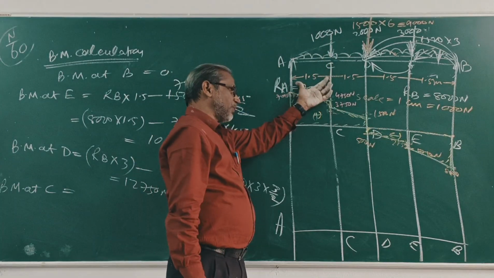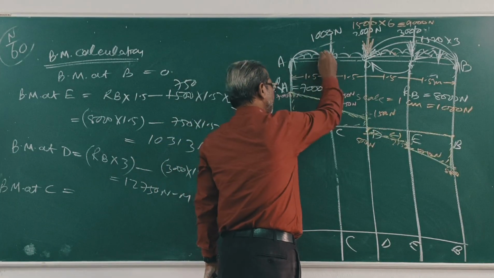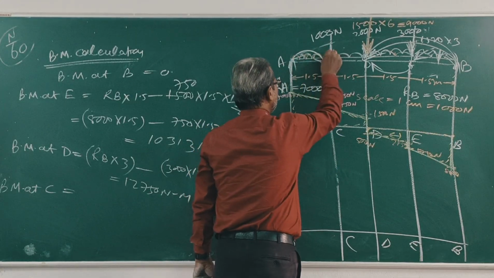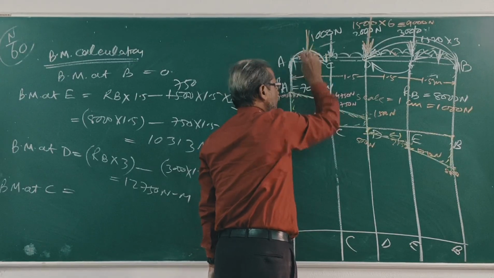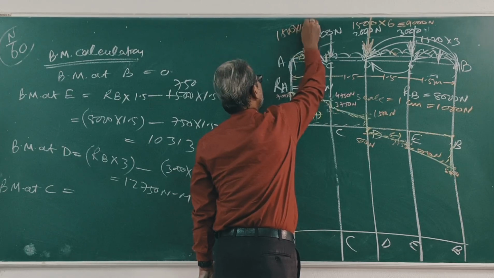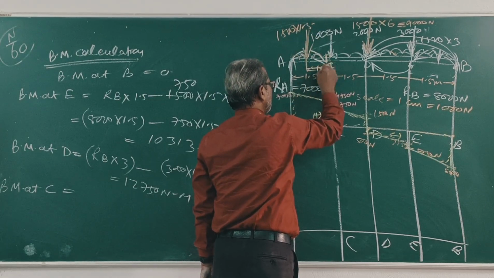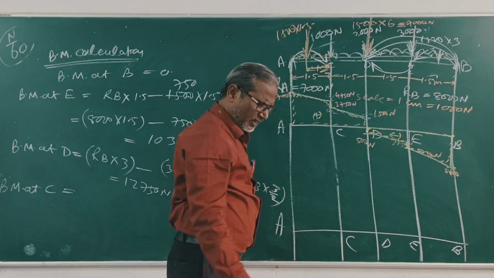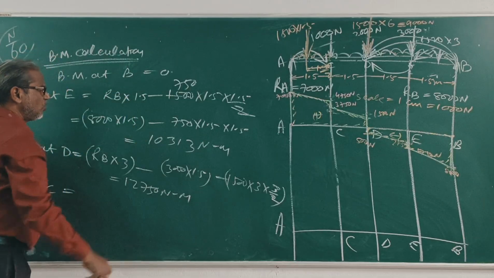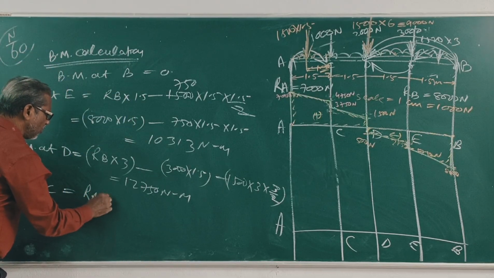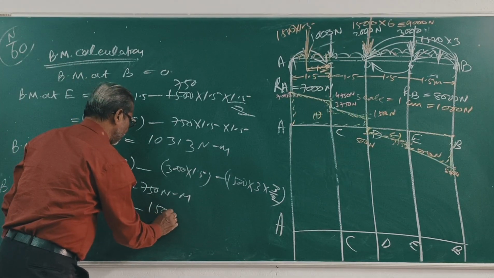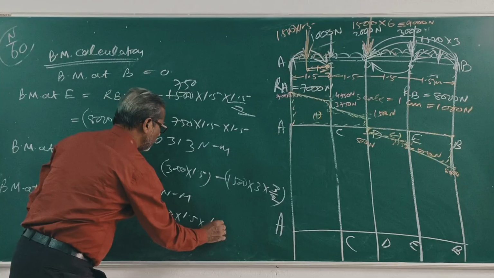So RA into 1.5 minus 1500 into 1.5 into 1.5 by 2. Clear? This at C is equal to RA into 1.5 minus 1500 into 1.5 into 1.5 by 2.